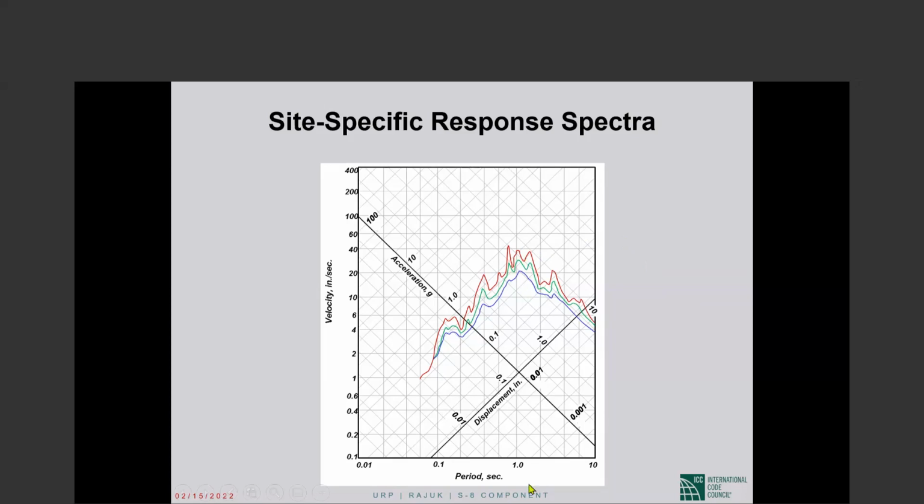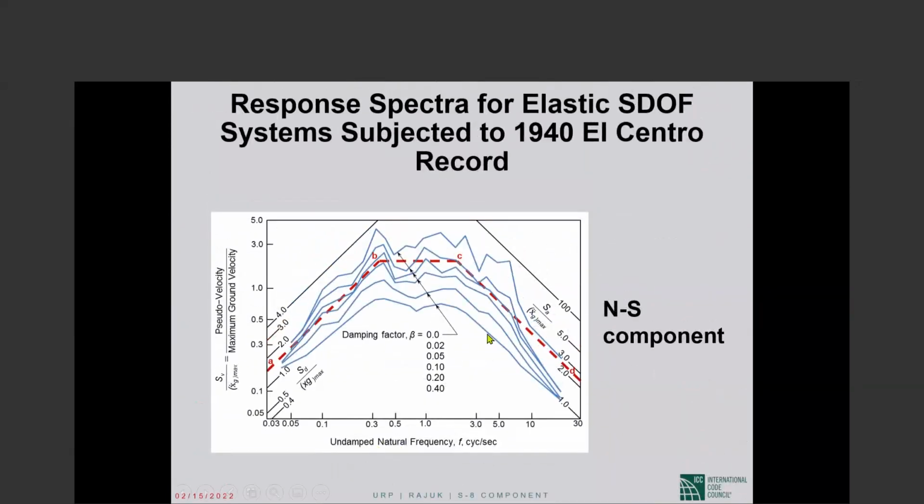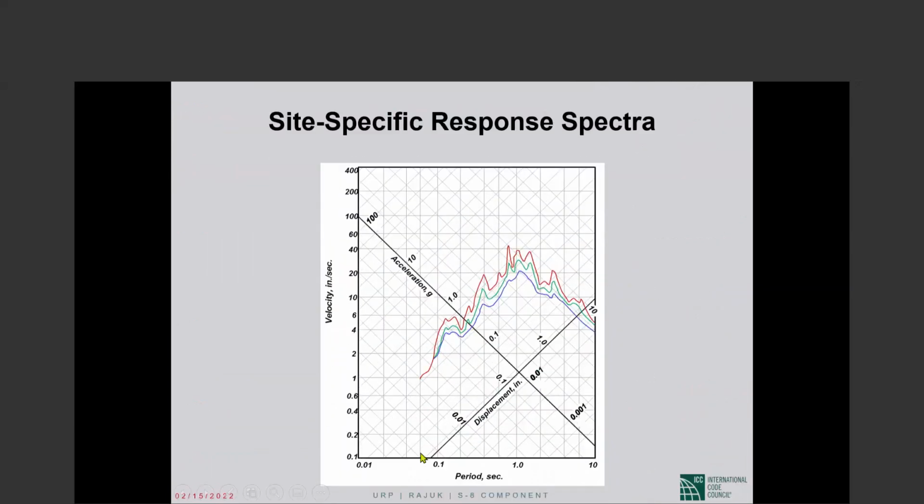Okay. So because period is on the x-axis, this is now the displacement scale. Here, this was the acceleration scale. Now this is the displacement scale because period, not frequency, is on the x-axis.